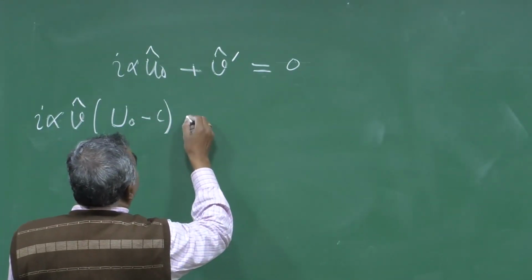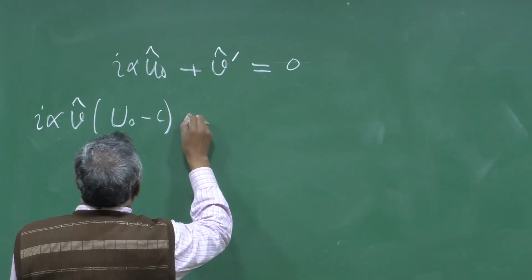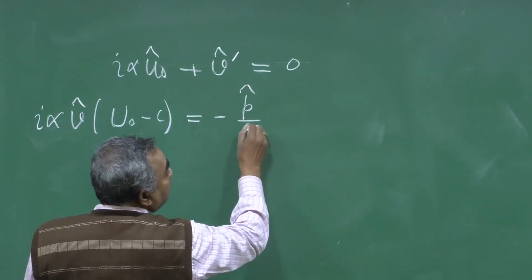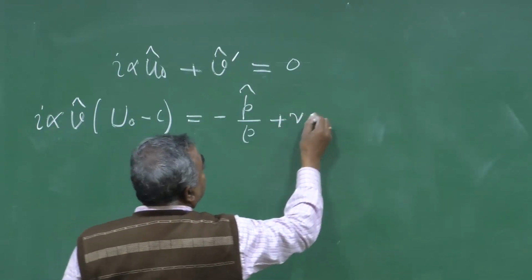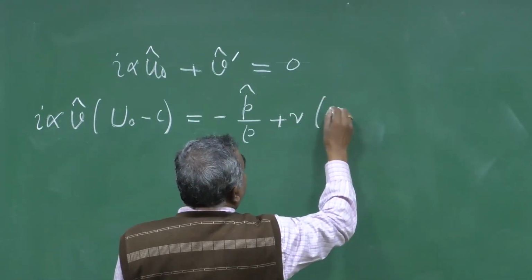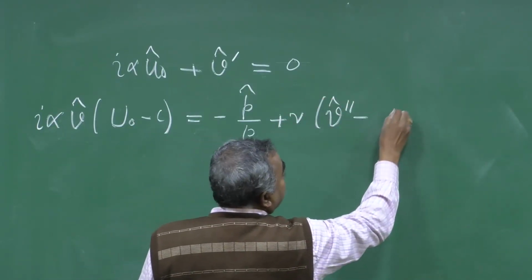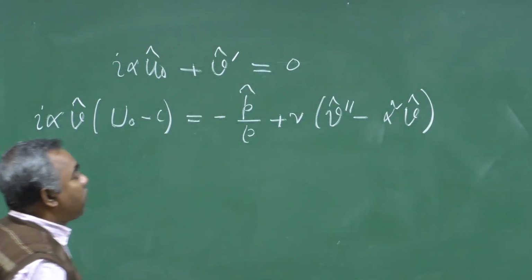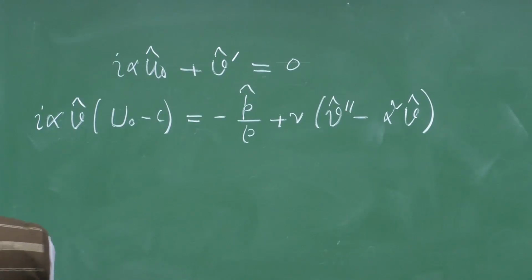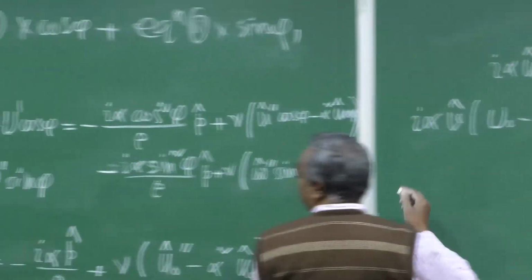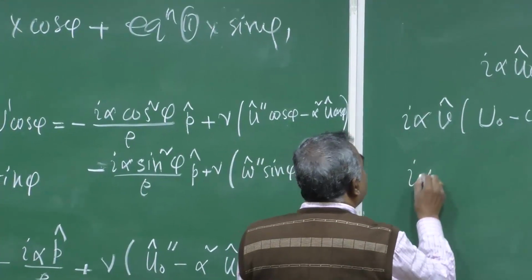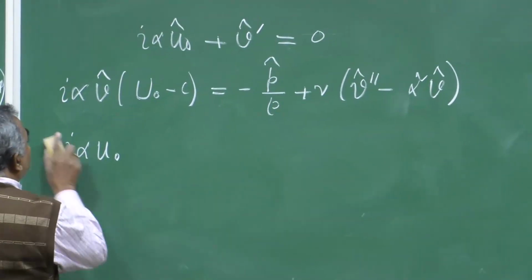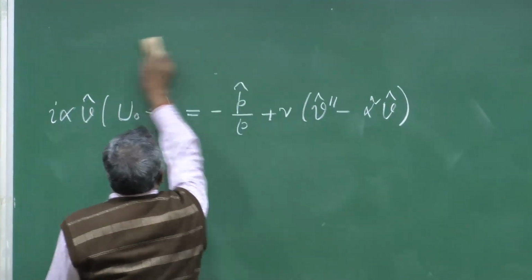So, u naught minus c is equal to minus p hat by rho plus nu, this is v hat double prime minus alpha square v hat, this is the y momentum equation. And the last one which we have got here. So, let us just write that I alpha u naught, I should have written this equation just before. So, let me just put this equation a little above.